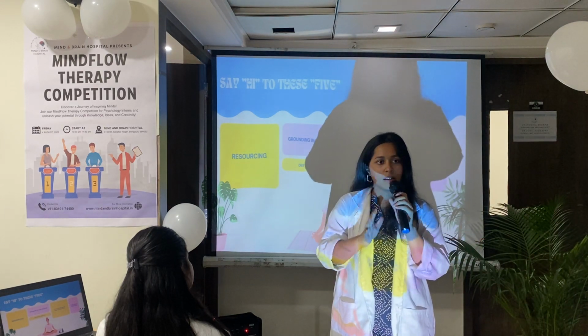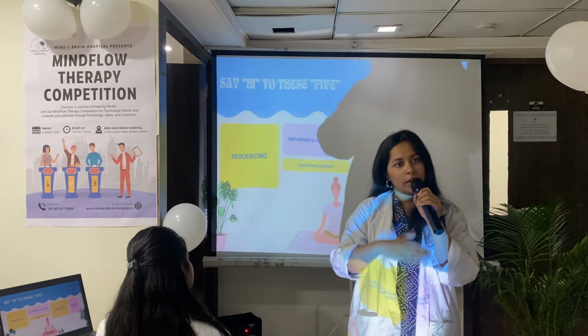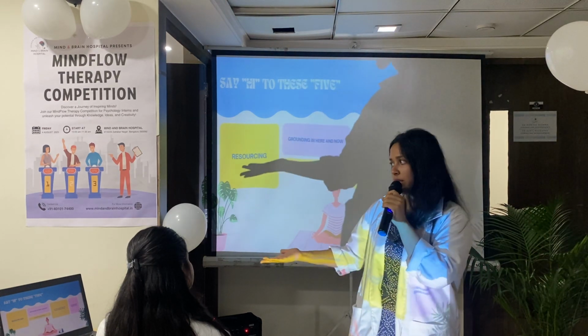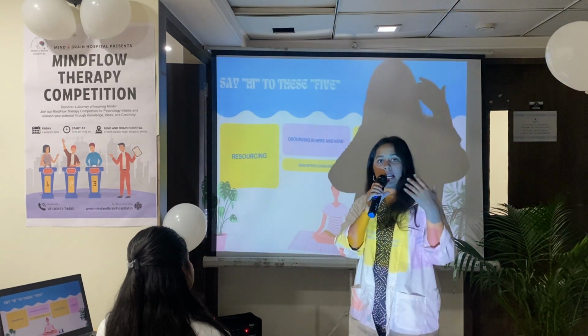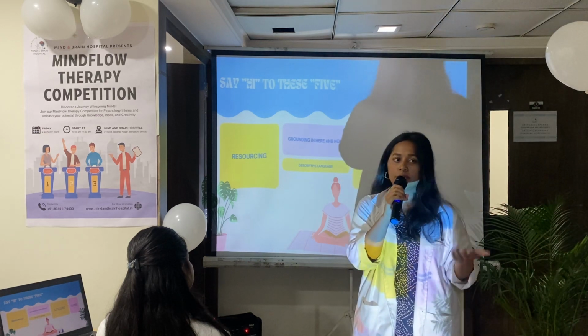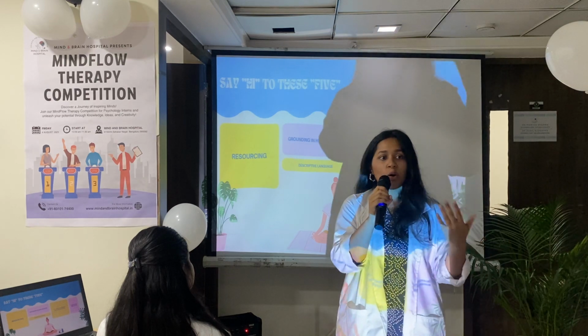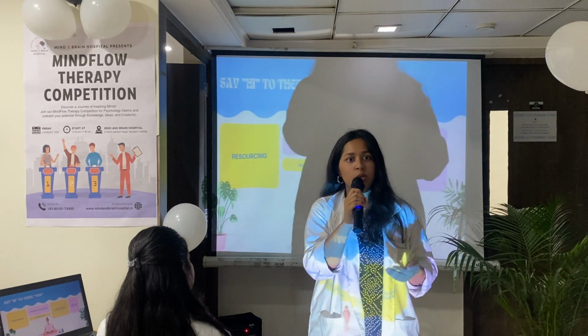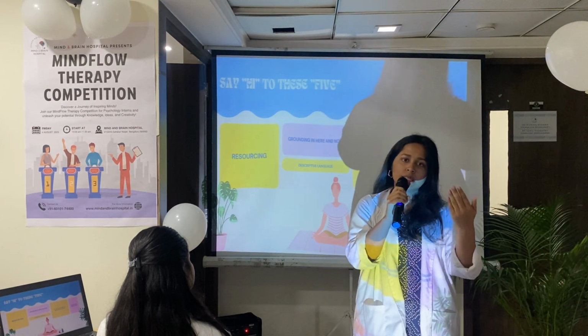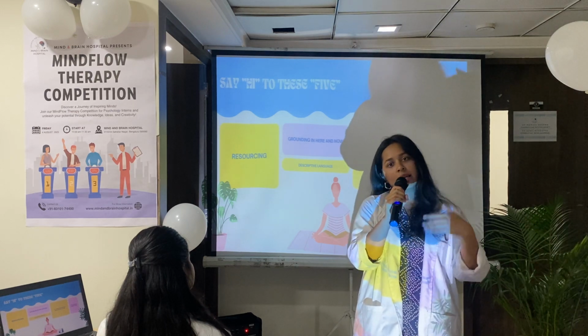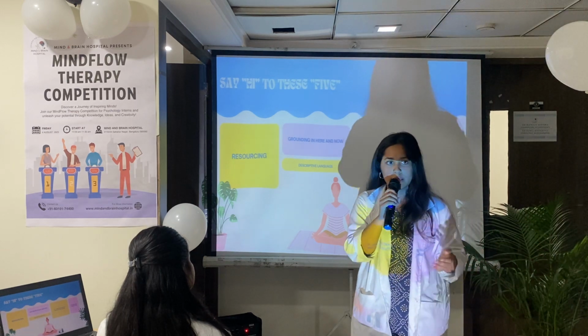Now, when you think that the patient does not need much co-regulation, then you go to the self-regulation part of it, where the client themselves can self-regulate what they are feeling. They don't need a co-regulator. But when we see very severe clients, they may not be able to self-regulate, so we need a co-regulator at that point. First, it might be you as a therapist, and then it might be a well-wisher of theirs.